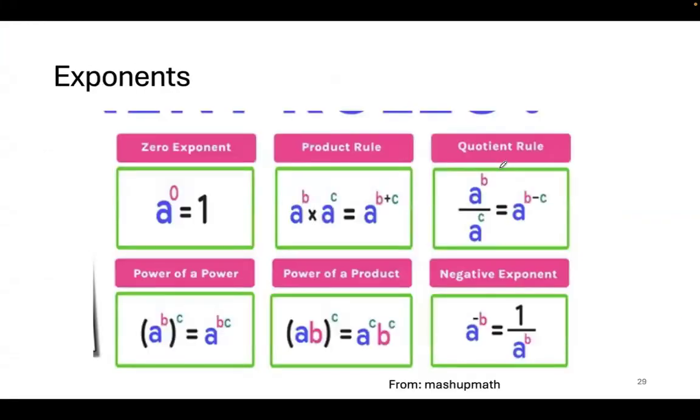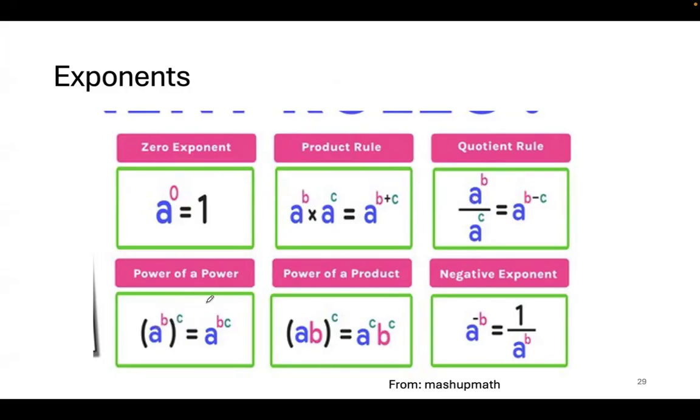I'm going to do an example, and to do that example, I would like you to remember the rules of exponents. Something to the 0th exponent is 1. If you have the same base and you multiply them together, then the exponents get added. If you have one number over another, the exponents get subtracted, top minus bottom.